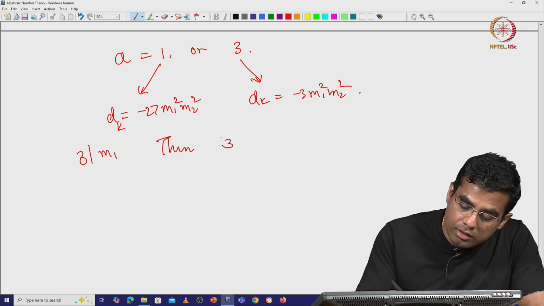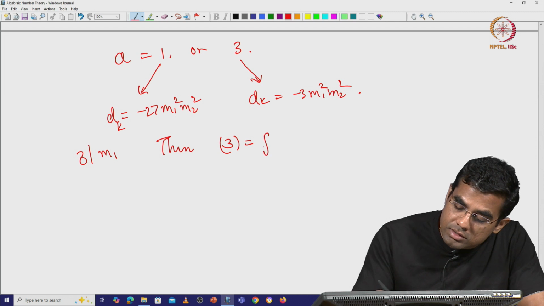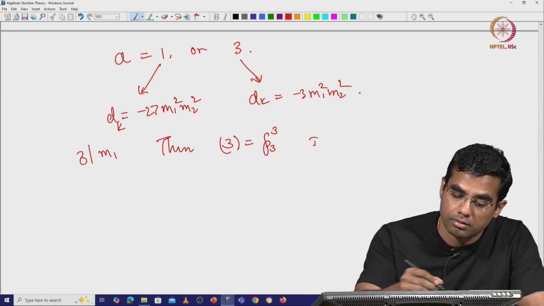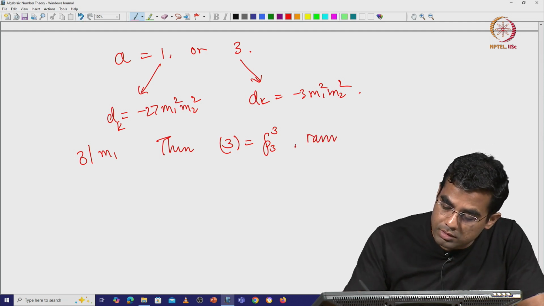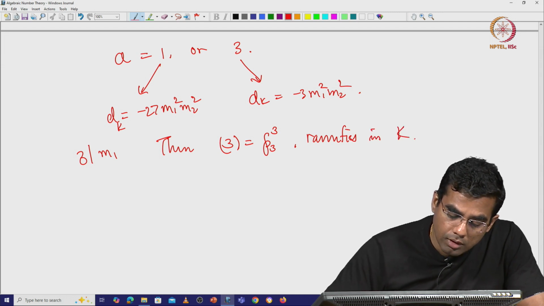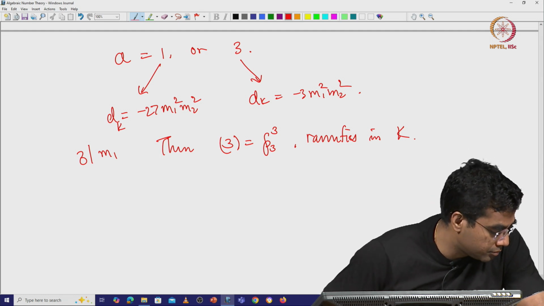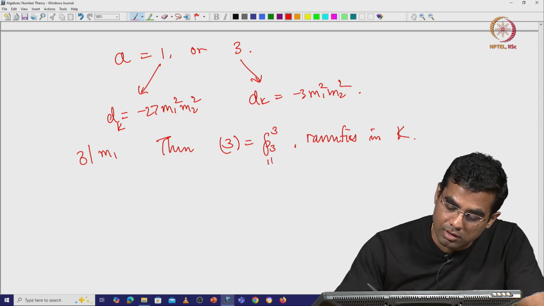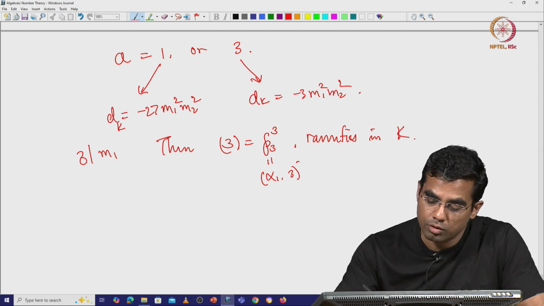Then we know that the ideal generated by 3 is the cube of some ideal, right, so 3 ramifies in K. And why is that? Well, because what is this ideal? This will be alpha 1 times 3 cubed, right.